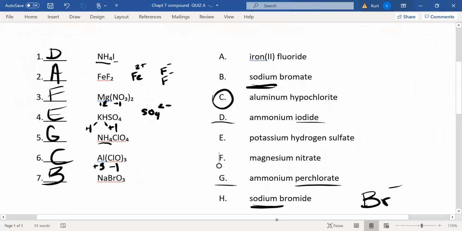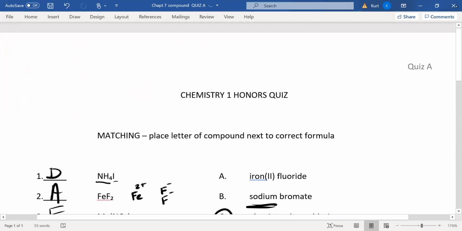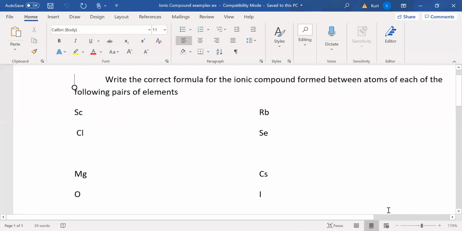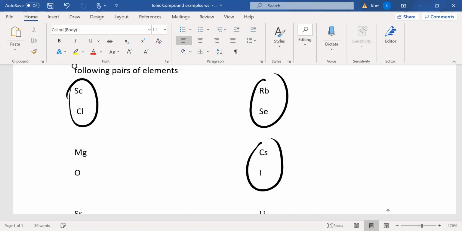Are there any questions? Okay. That's your first practice. Let's do another practice. I want you to form the correct formula with the ions in the circles. Let's do these 4.